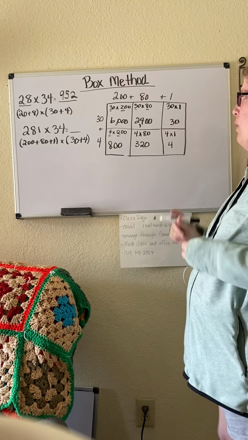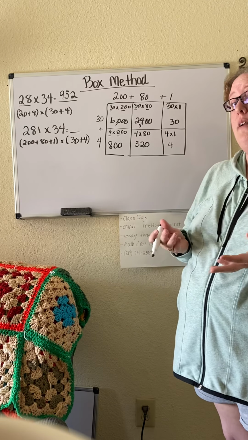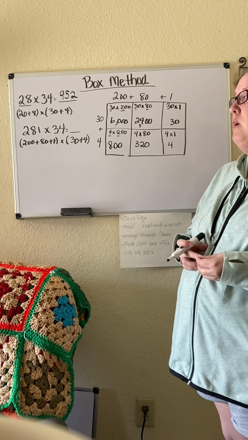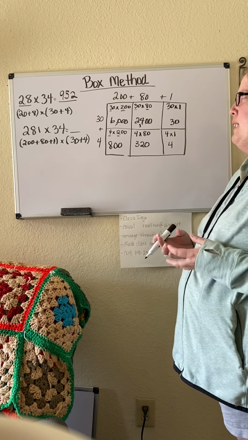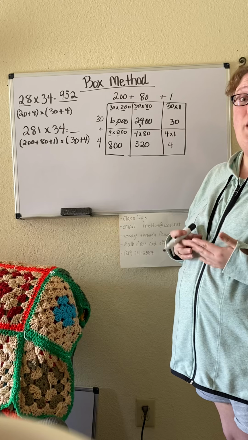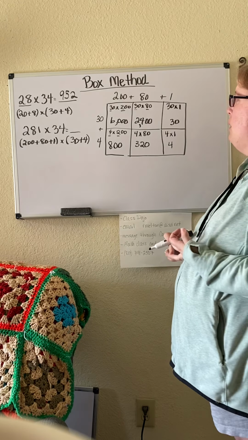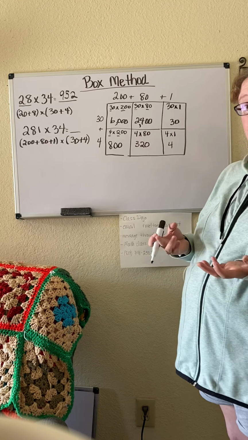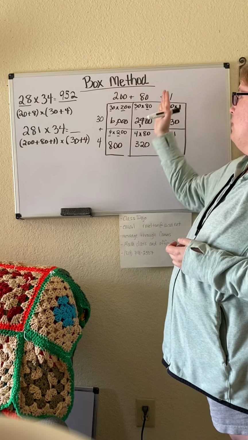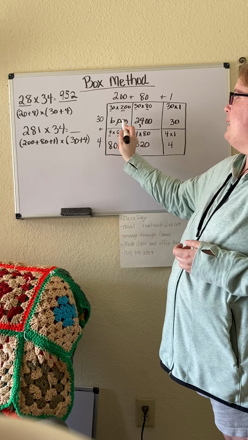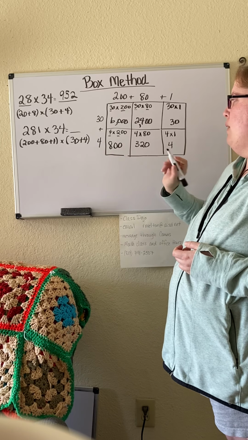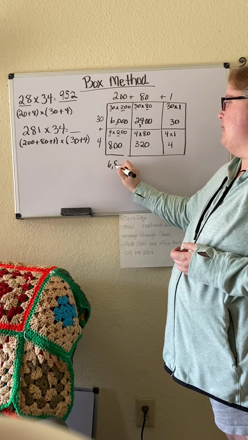All right, so now what's left is to add all of those partial products. You can see how when we're using this box method, it's going to take some time and some paper. I can do some of this mentally if I want. I'm going to do my columns mentally. 6,000 plus 800 is 6,800.